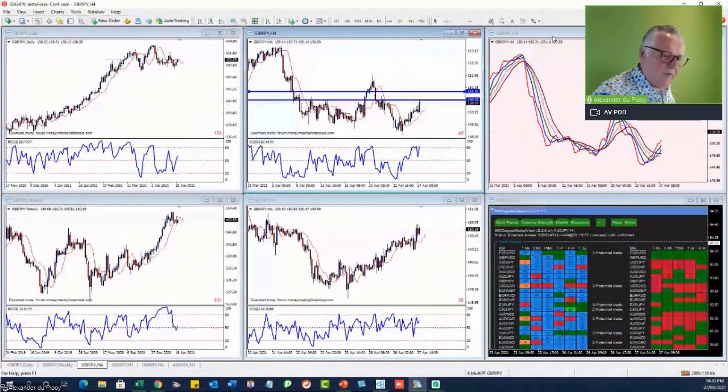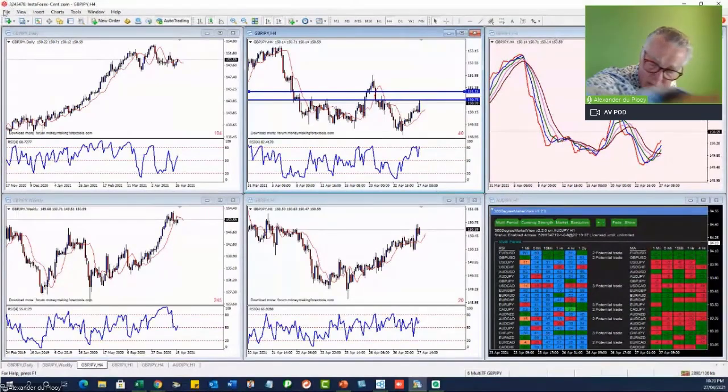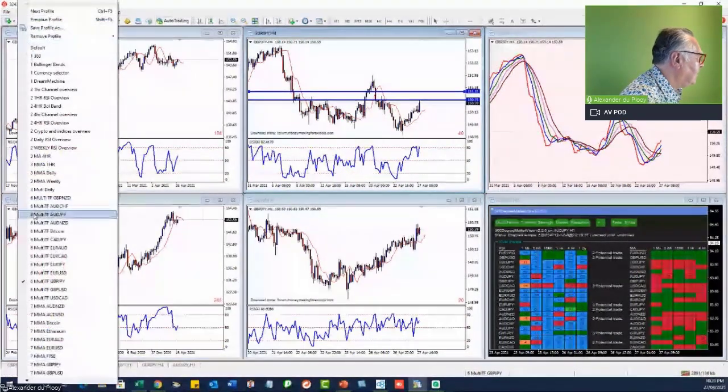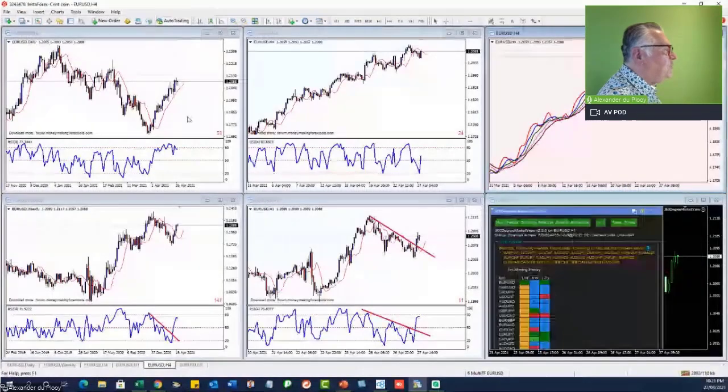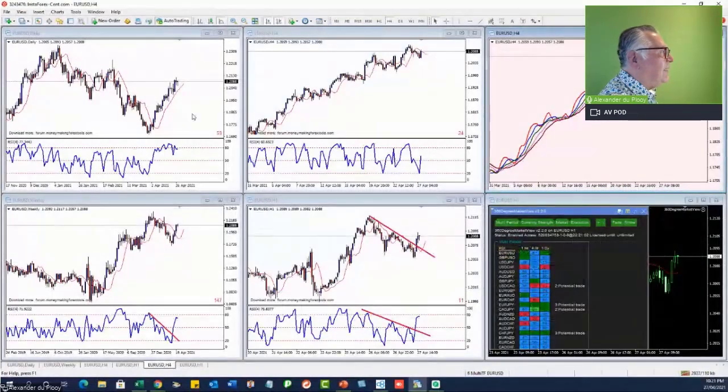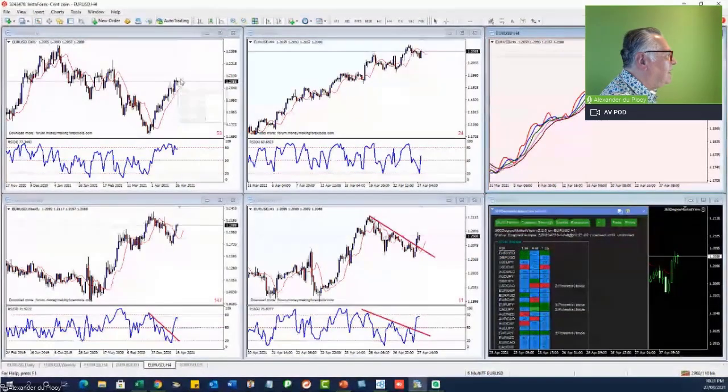And we've got the euro and the yen. The euro USD. Now, this one to me feels like a sell. If you look at the daily, it just looks like it wants to fall over. It's making divergences there.